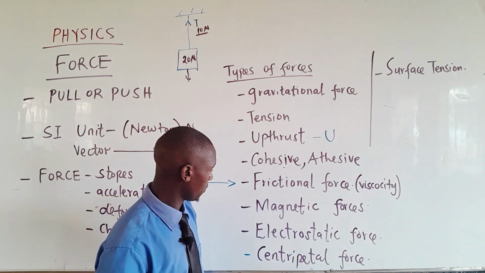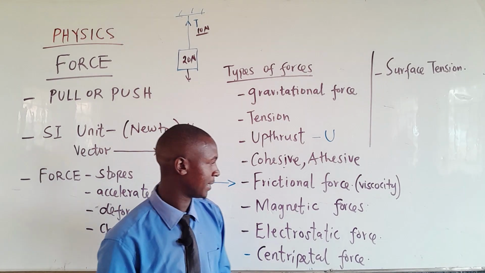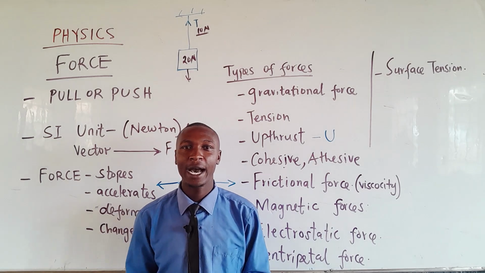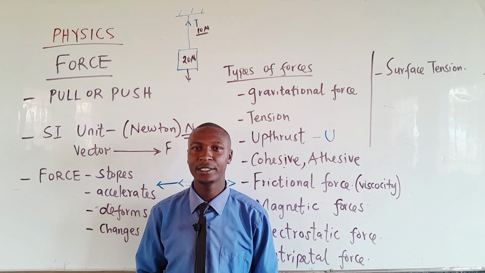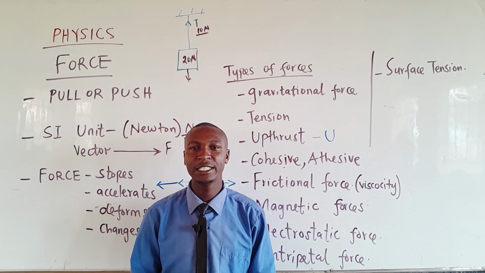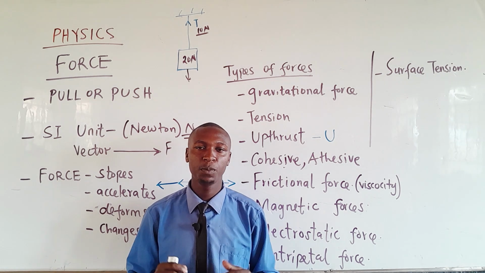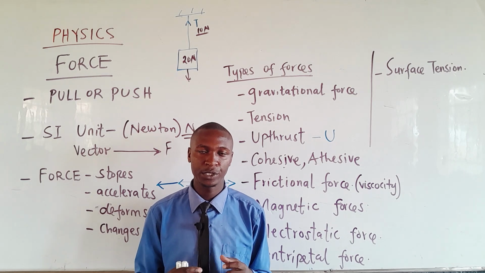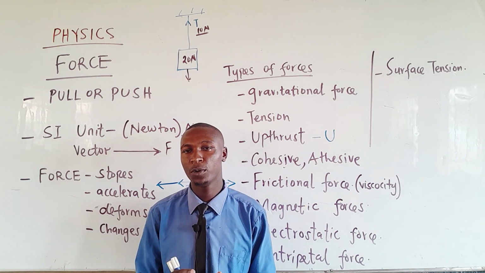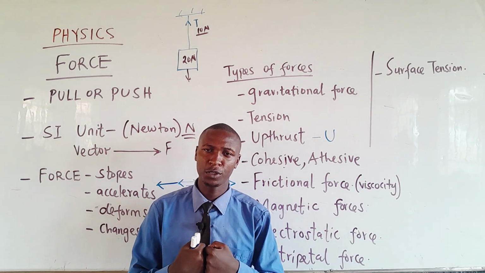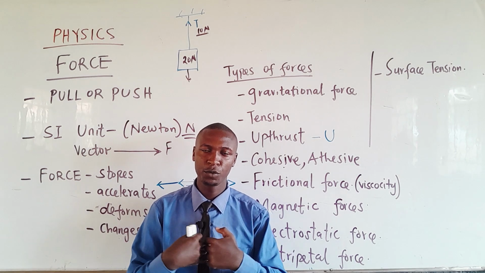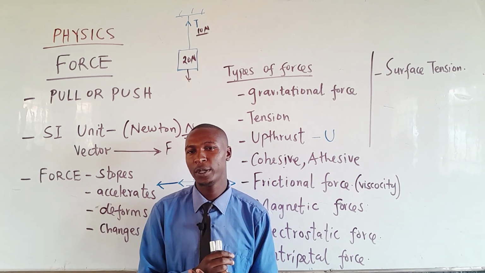Now next we have the magnetic forces. Magnetic forces are felt within the polarities of a magnet. We have the north poles and the south poles, and these poles are going to feel some force. If you bring a north pole and a south pole together, you're going to have some attraction, and that attraction of those two polarities is what we call the magnetic force.